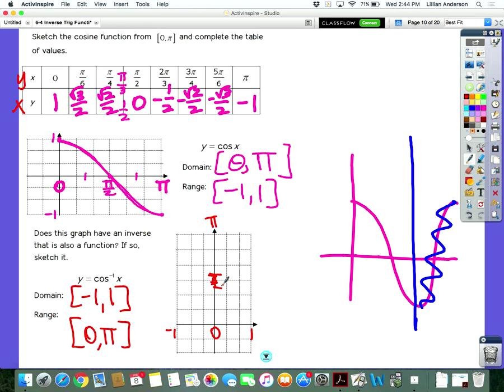So when x is 1, y is 0. When x is 1/2, y is pi over 3. When x is 0, y is pi over 2. And I'm just doing the rest. When x is negative 1/2, I'm at 2 pi over 3. And then negative 1, I'm at pi.